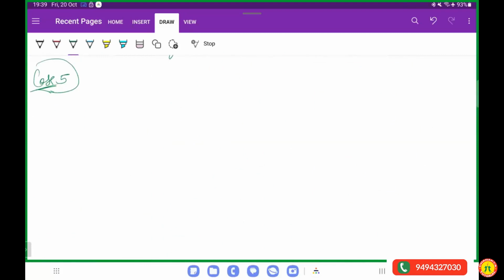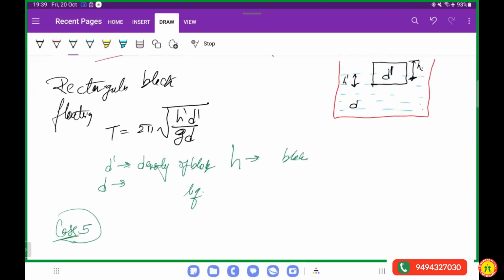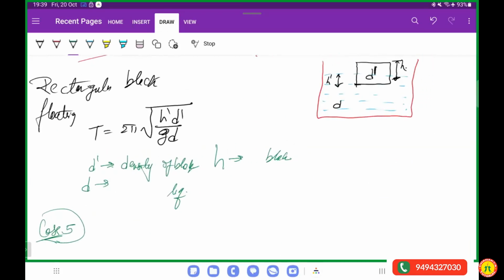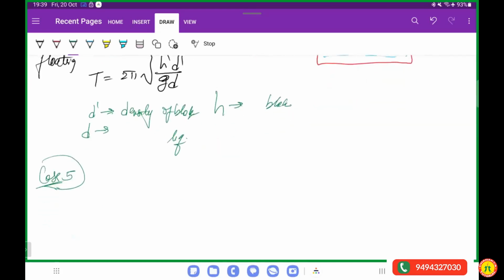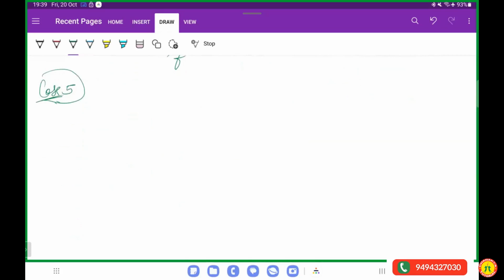Okay, so here we will see now, we saw some U-tube manometer or spring, then pendulum, then block. Well, let's see here gas. How does gas behave? Vibration of gas system in cylinder.